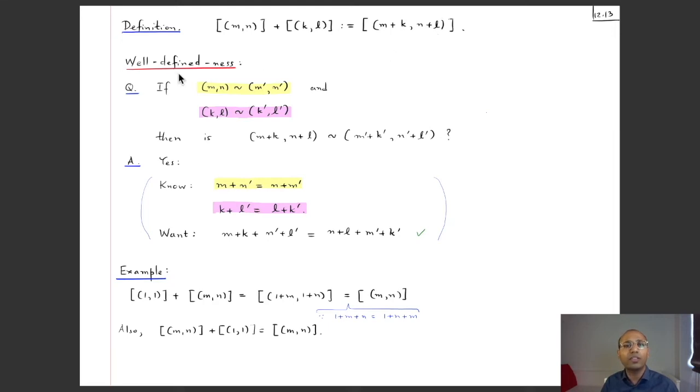Okay, so this is the question of well-definedness, and let us check that this integer addition is well-defined.